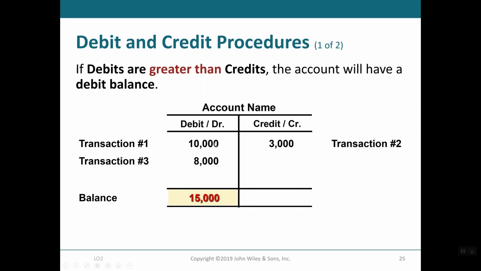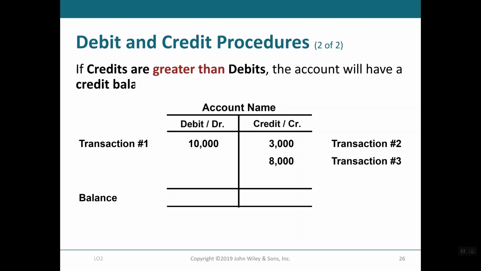Okay, so when we add up the 10,000 transaction 1 with the transaction 3 and deduct the credit side, which is 3,000, that gives us a balance of what? 15,000. Okay, because our debit side is more than the credit side, we say this is called a debit balance.